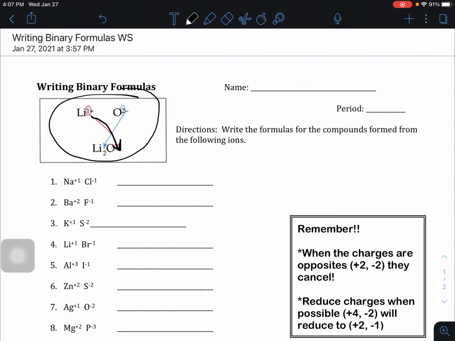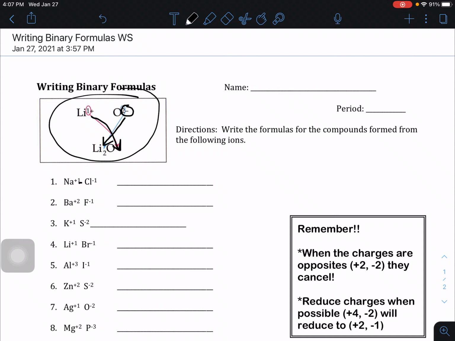And remember, 1 is understood. We don't write the number 1. It's always there. For oxygen, it has a 2 negative charge, and we took the 2 and brought it down as a subscript for the lithium. So it became Li2O.